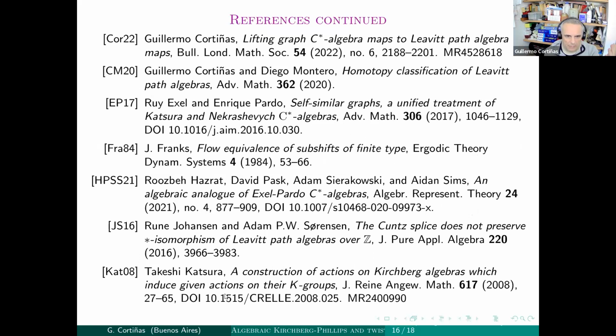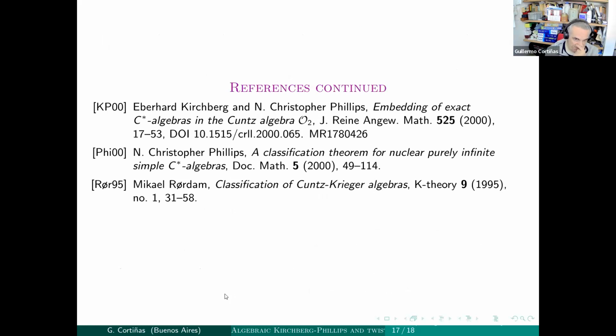And there are several others. The first of the papers showing the correspondence between a result on homotopy classification in the algebraic setting and the original Rørdam theorem is in this slide. And these are the classical Kirchberg-Phillips and Rørdam papers.